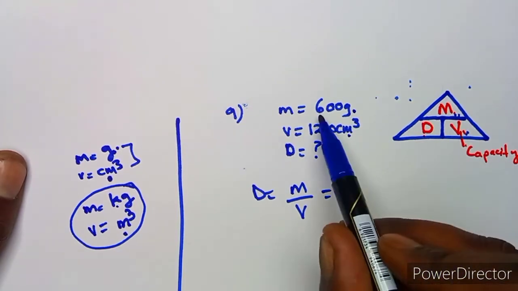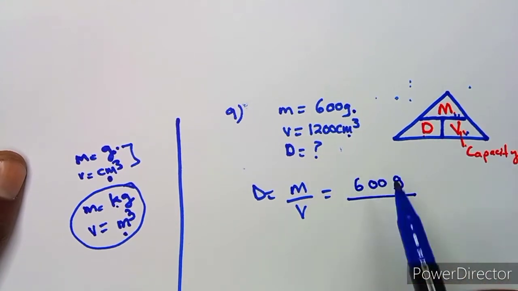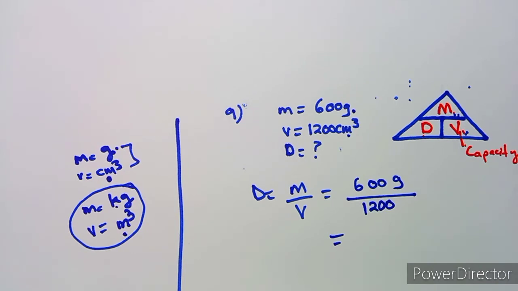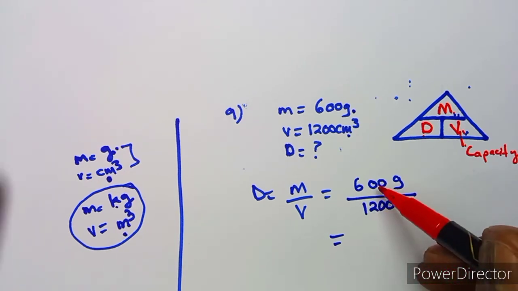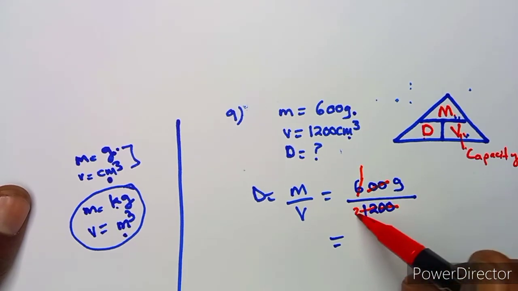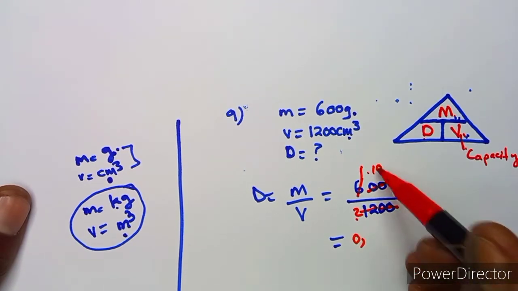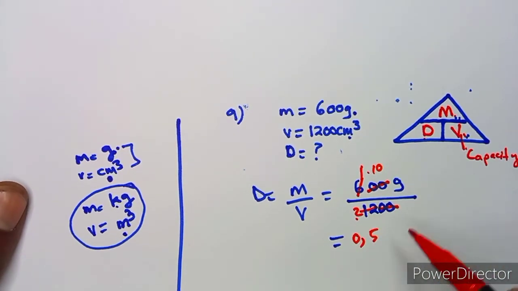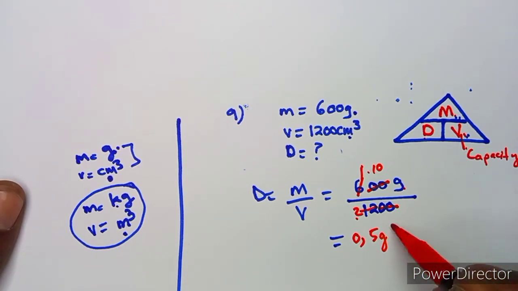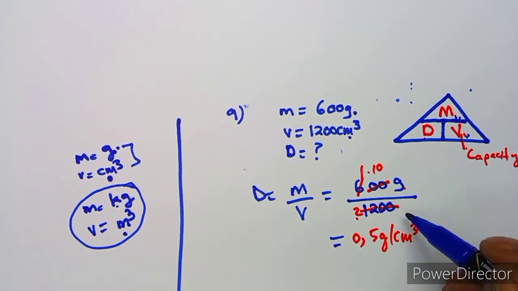So we can easily substitute our mass, which is 600 grams, over the volume of 1,200. Playing out your division skills, this is going to give us 0.5, guys, because these zeros cancel. 6, 1, this is a 2. 2 into 1, that's 0.1 here. 2 into 10 is 5, so that's going to give us 0.5 grams per cubic centimeter, because this is cubic centimeters.